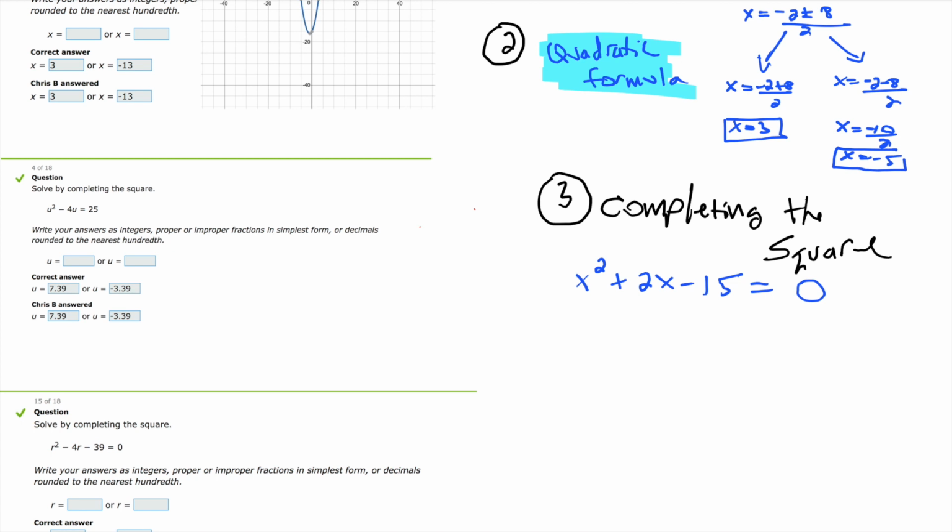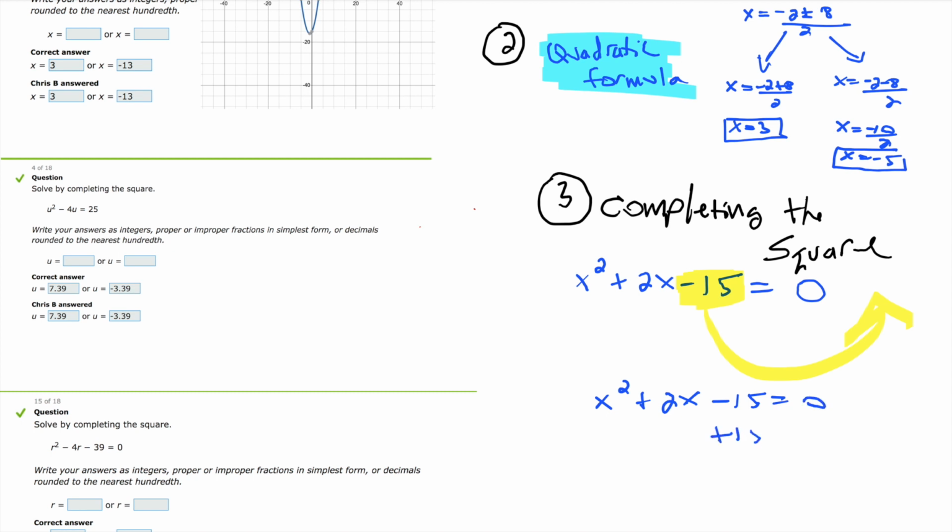And in order to complete the square, you're going to have to move this last number, this c right here. This is considered c. You want it over here. All right, so I'll rewrite. So x squared plus 2x minus 15 equals 0.